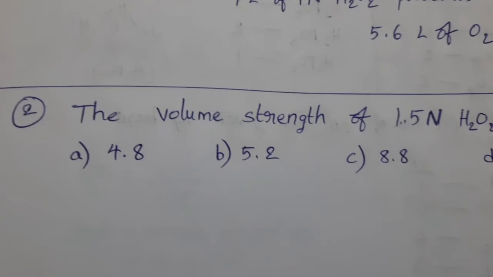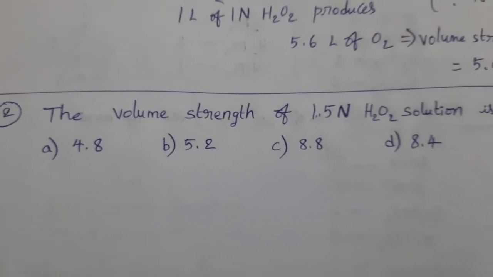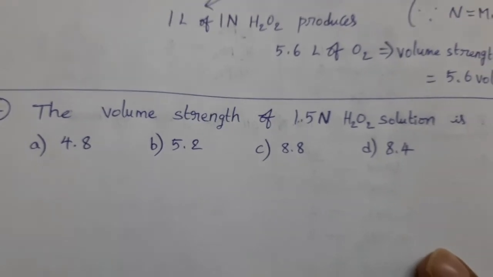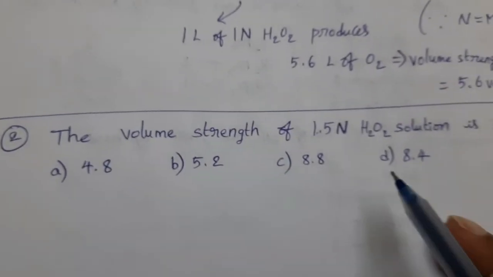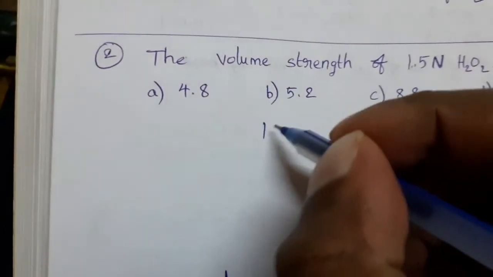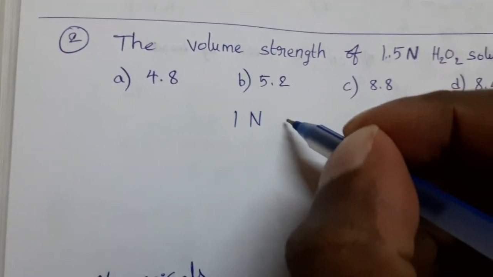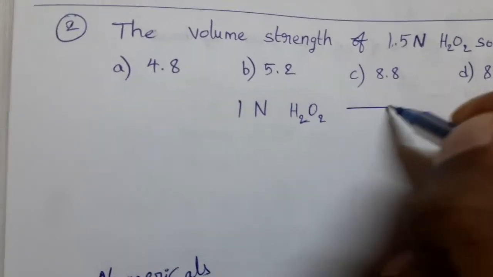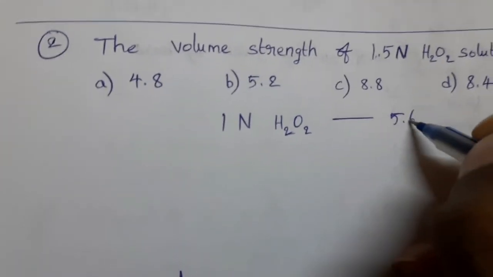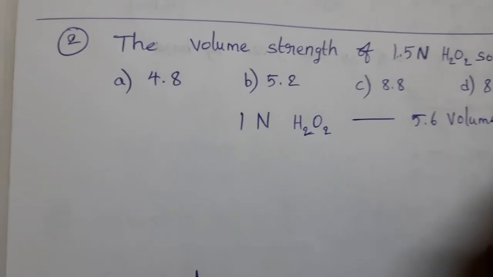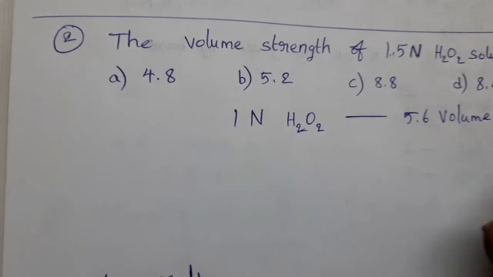Related to this, see the question. The volume strength of 1.5 normal H2O2 solution is. Solution normality is given, volume strength we should find out. 1 normal H2O2 solution means, what is the volume strength? 5.6 is the volume strength.